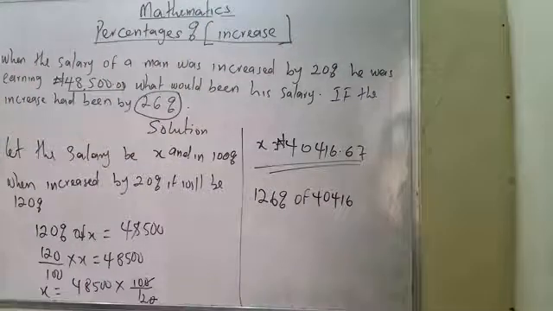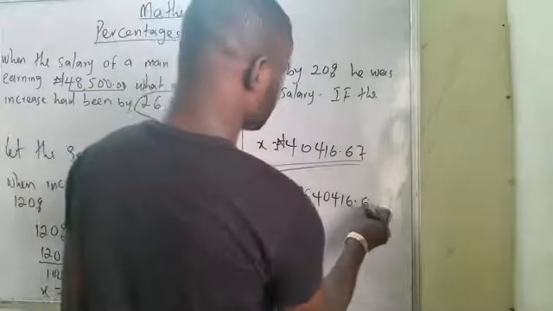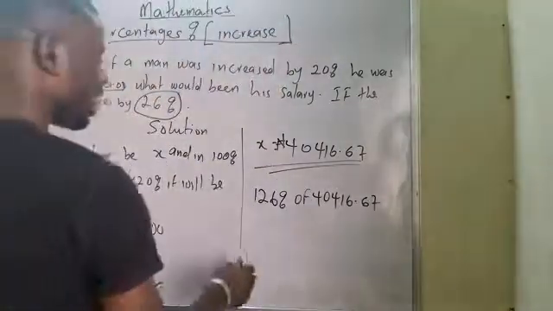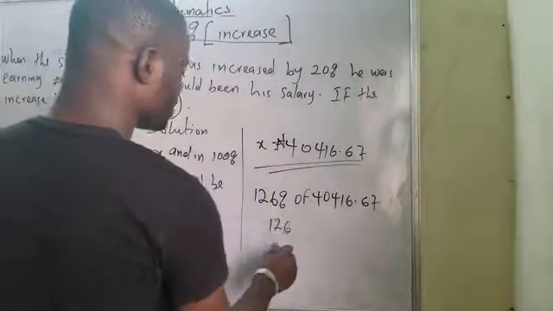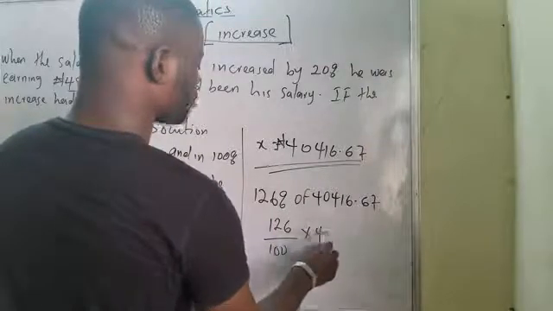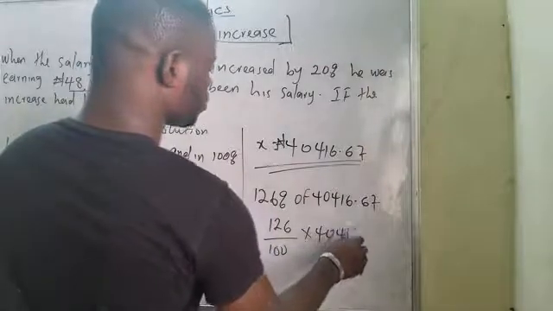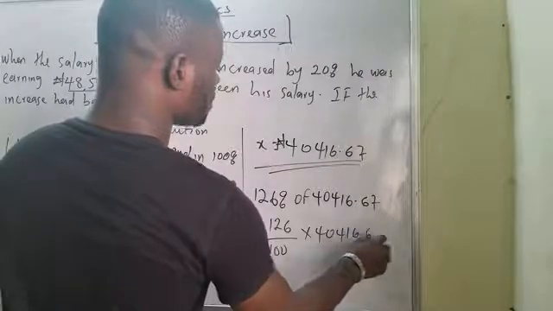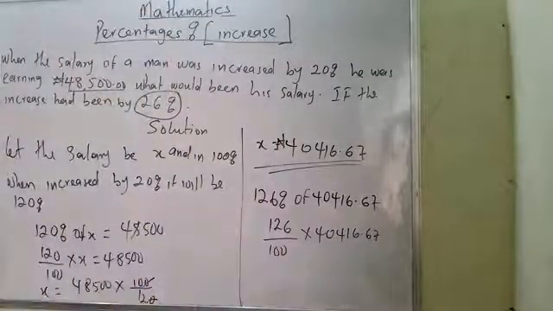Yes, that is the amount of money we are talking about, 40,416.67. Now it means I'll be talking about 126 all over 100 multiplied by 40,416.67. That is what I will do.